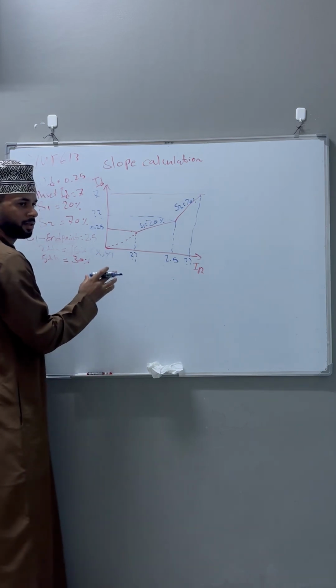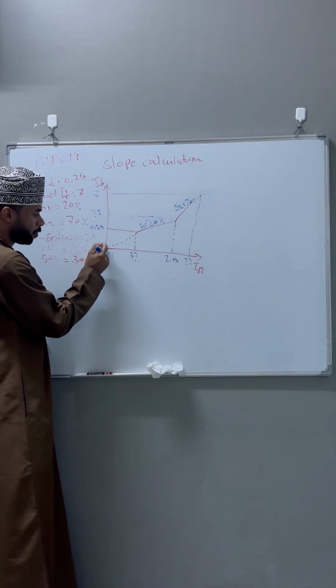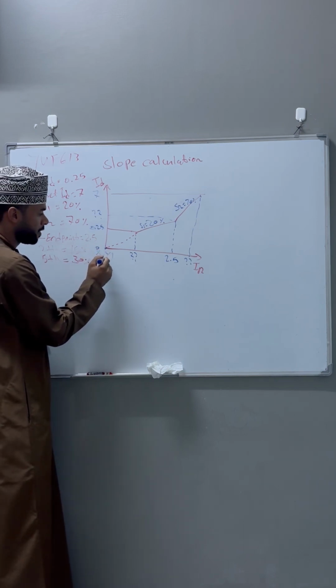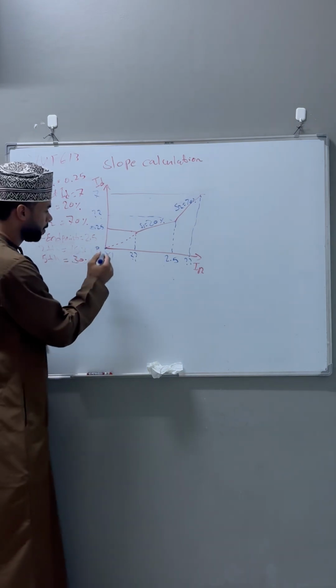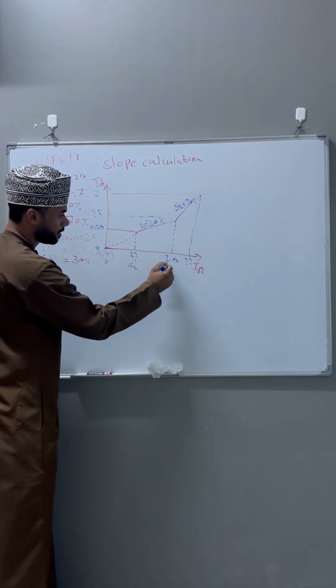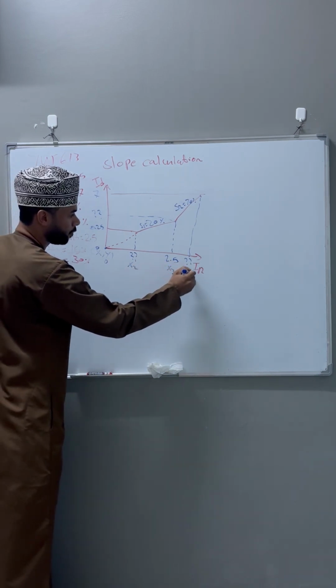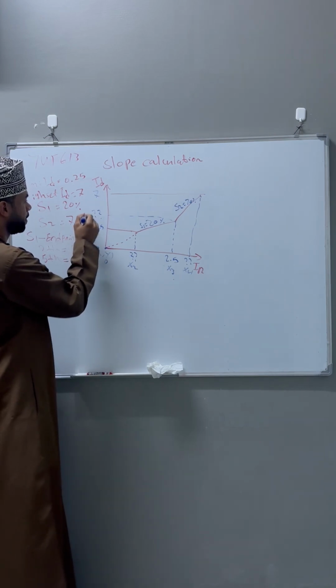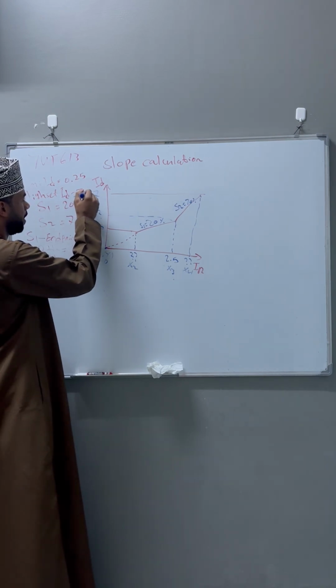At this point here, the x is 0 and the y is also 0. So this one I will name x2, this x3, and this x4. And this y2, y3, and this y4.